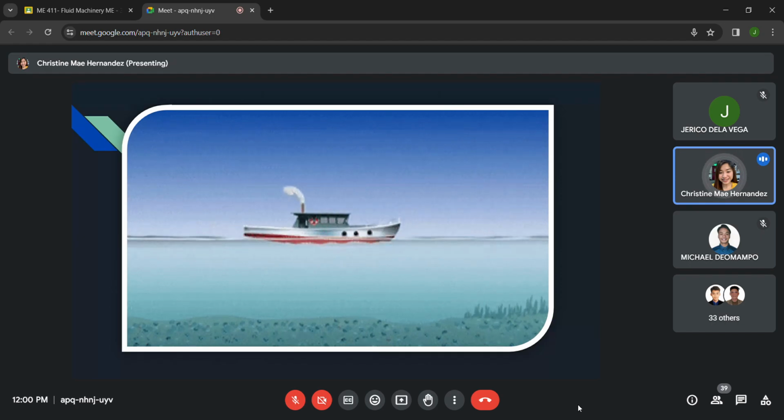Another example for this one is the well-known Titanic. Alam naman natin yung Titanic, diba? Titanic collided with a massive iceberg. Bumangga siya sa isang iceberg. In less than 3 hours, lumubog si Titanic. Okay, totally submerged sa water.